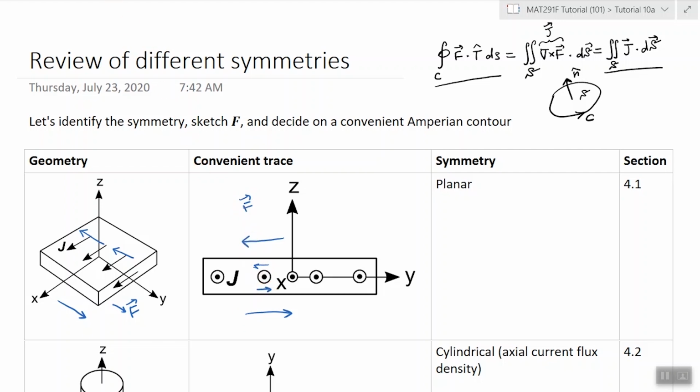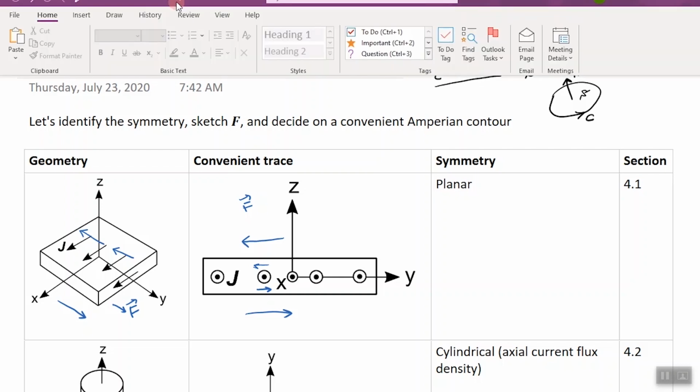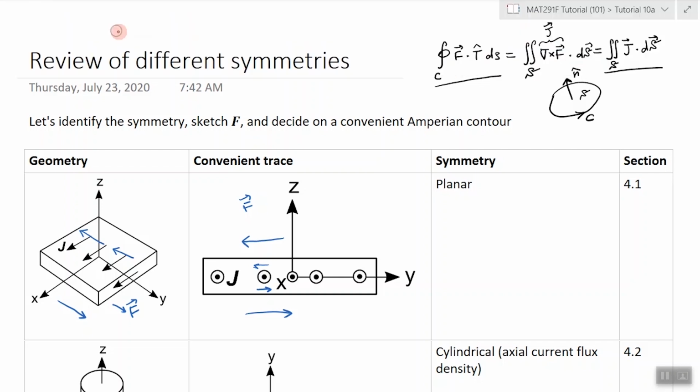Okay, so a good contour for this case is a contour that will capture J, so it would have a normal vector that's parallel to the direction of the current density.